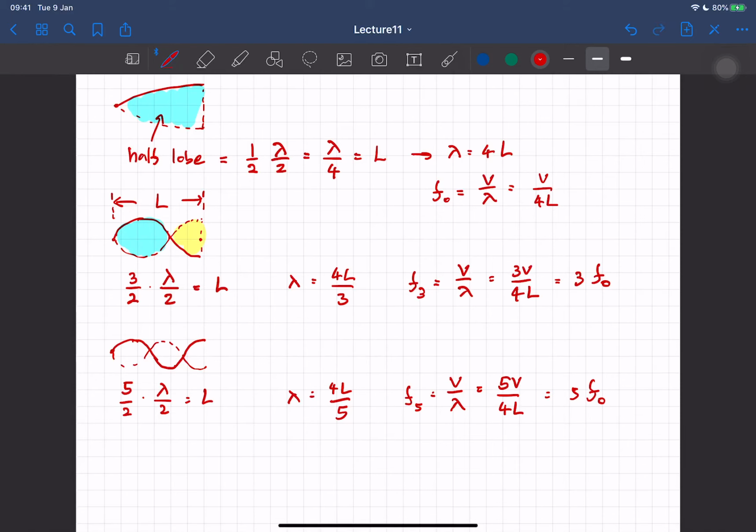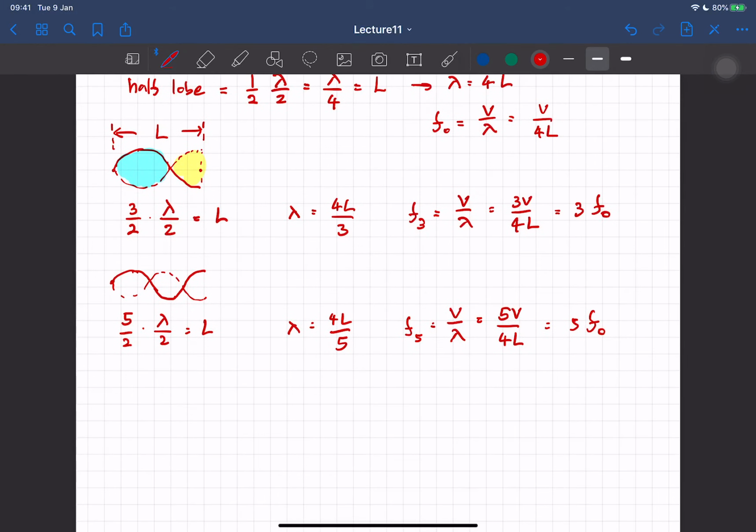So the next one will be the fifth harmonic. In this particular system, you don't have even harmonic frequencies appearing. So there's no f2, no f4, no f6, no f8, no f of even number.